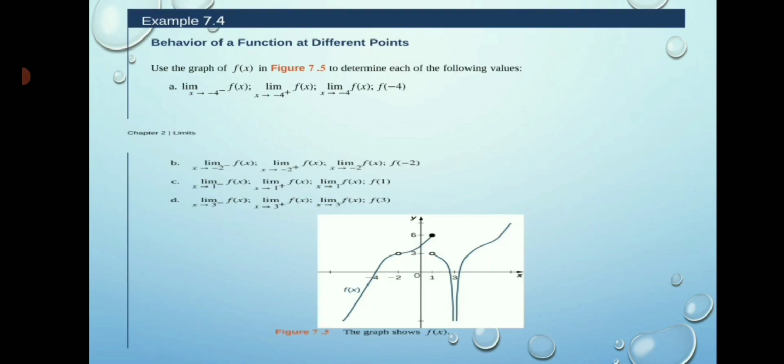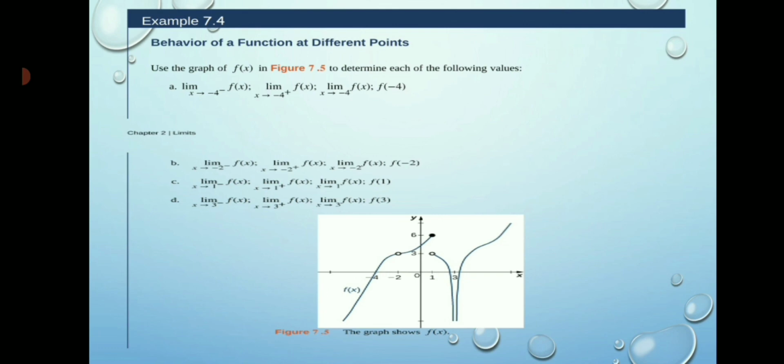So example 7.4, behavior of a function at different points. Use the graph of f of x in figure 7.1 to determine each of the following values. The limit as x approaches negative 4 from the left of f of x.